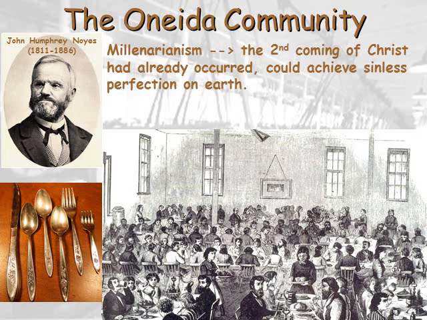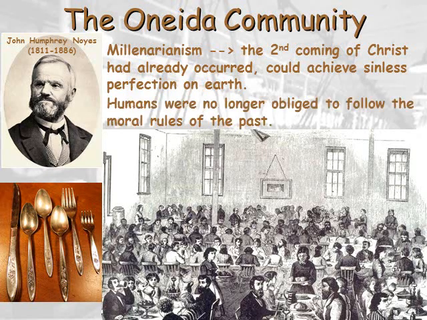And they were influenced by the belief that the second coming of Christ had already occurred, and therefore it was possible to achieve perfection on earth because you were no longer waiting for the second coming of Christ to restore the world. In the minds of the Oneida community, it had already happened. So they separated themselves to achieve what they thought was sinless perfection.